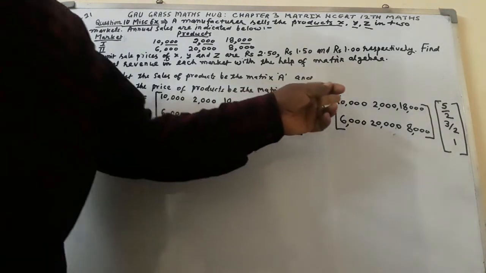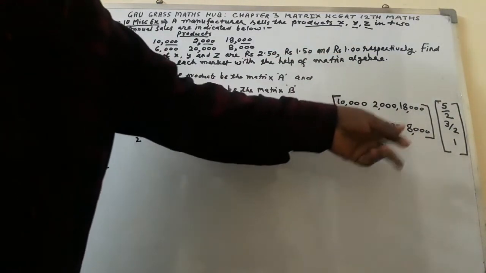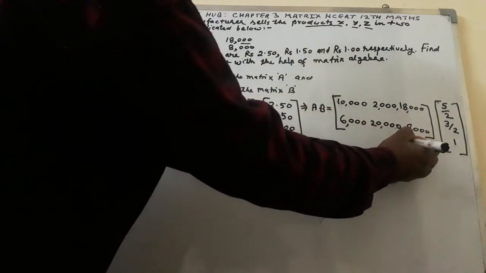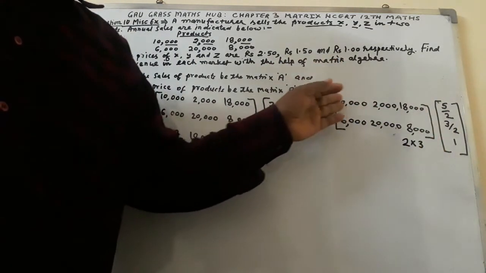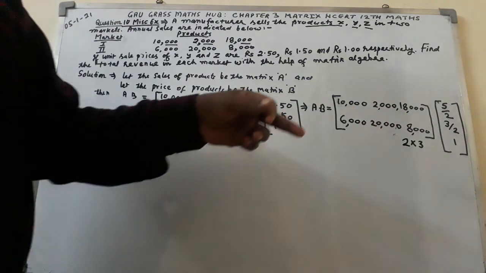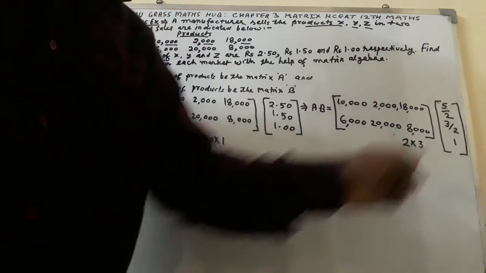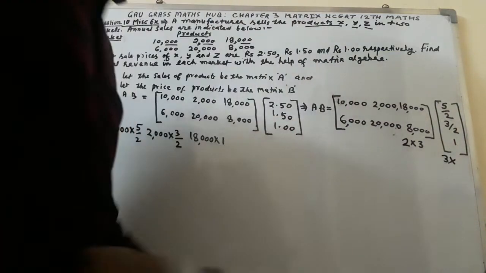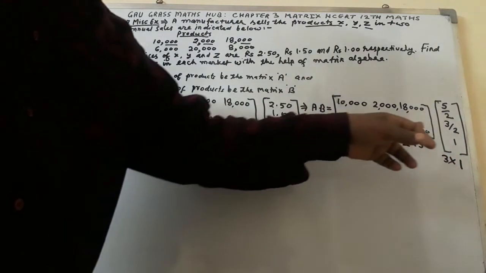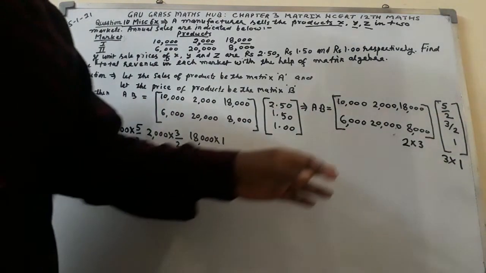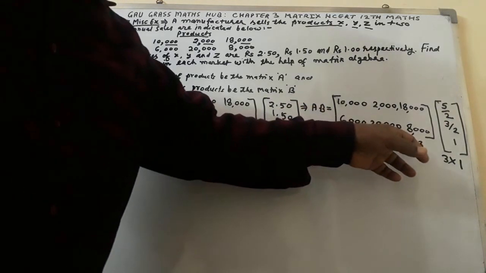Here you can see this is the first row, this is the second row, and this matrix has first column, second column, third column. So this matrix A is of order 2 into 3.